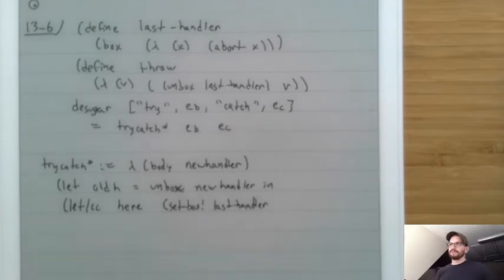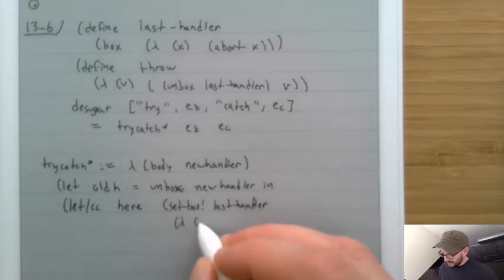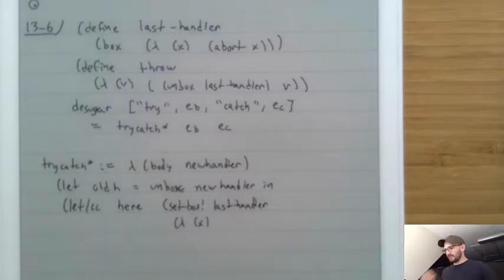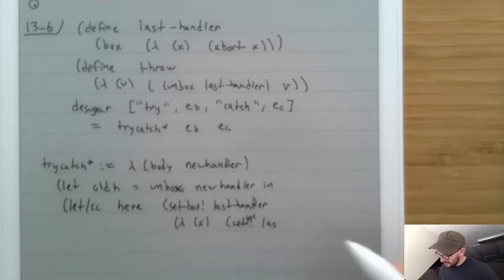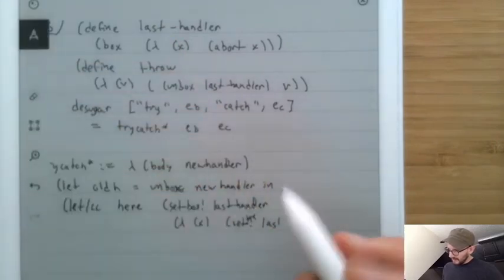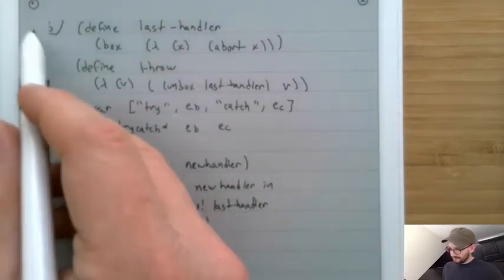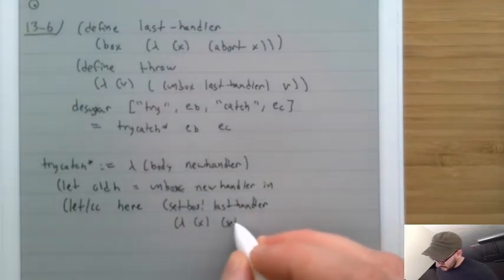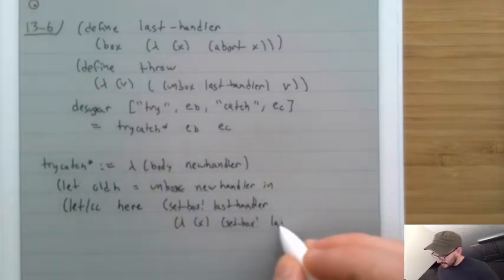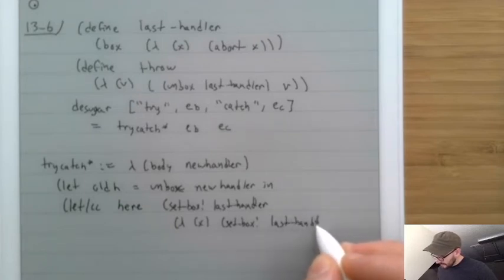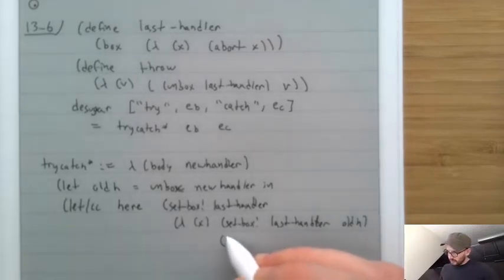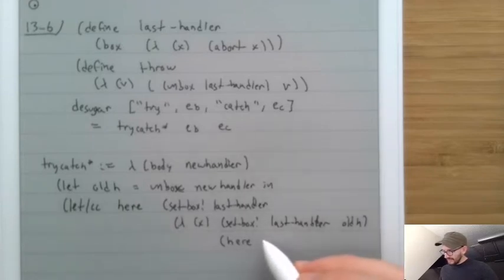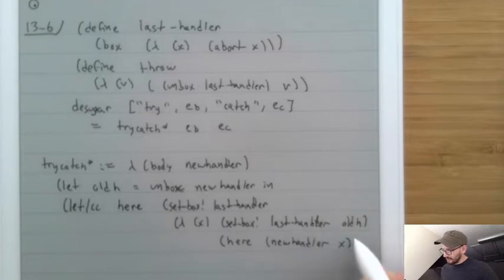to a new function. This new function is going to take an exception argument, and then what it's going to do is set box the last handler to be the old handler, and then we're going to call here and give it as an argument the result of calling the new handler on the exception value.